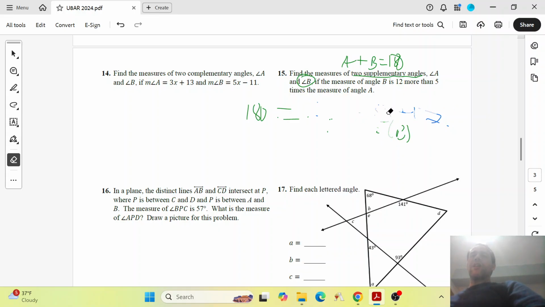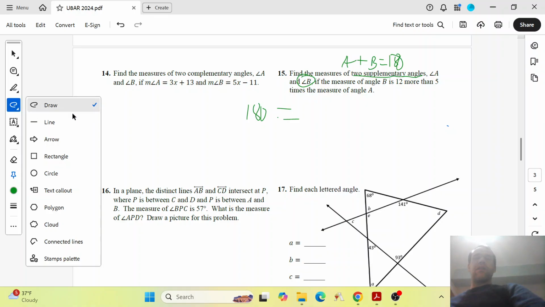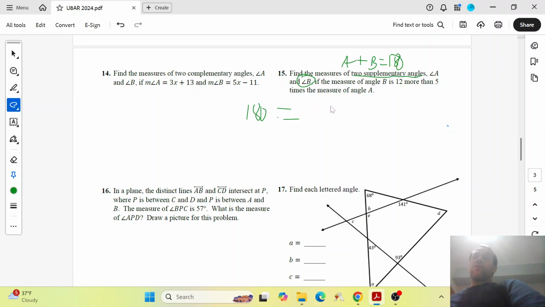Okay, so what we're trying to say here is you have two angles, but one is a lot bigger than the other, basically, right? And you have to add them together to get to 180. Okay, start there.